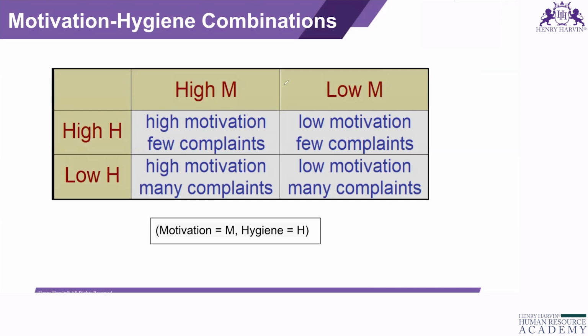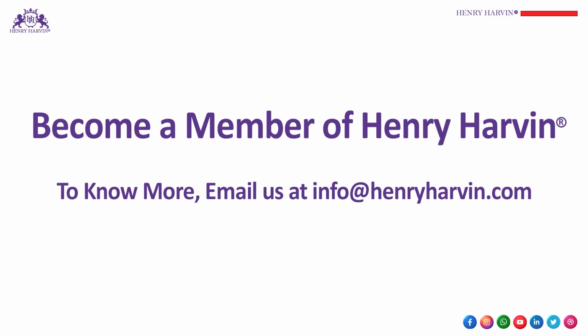But if the hygiene factor is low, then many complaints will be there, right? And if M is low, then the individual will have low motivation, but few complaints. And if it's low M and low H, then the individual will definitely not perform.